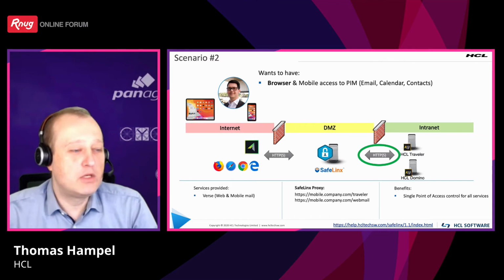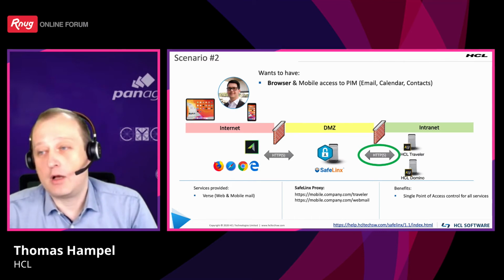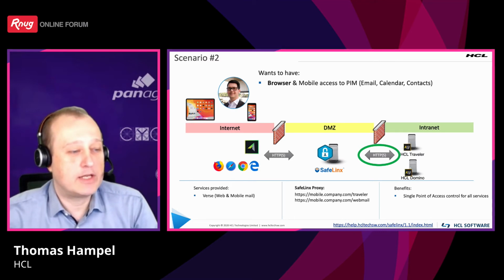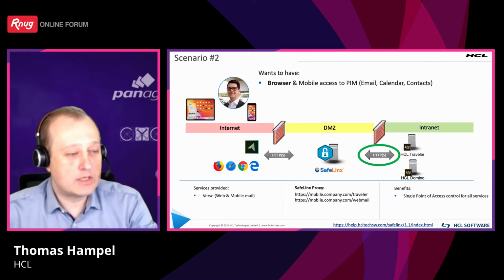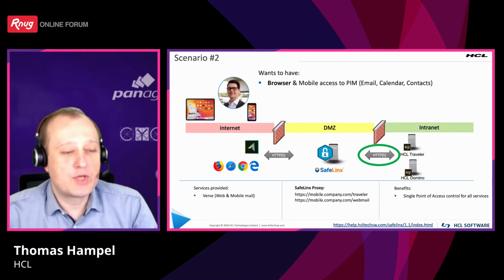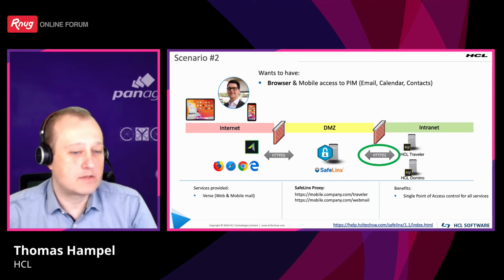So we would use our gold nugget HCL Safelinx configured as a proxy server. As you can see here below, we are using just one URL to remember as a single unified entry point for mobile devices and for browsers.